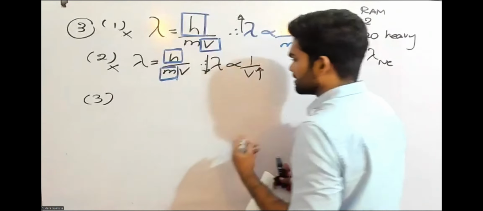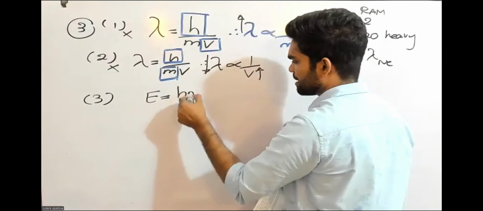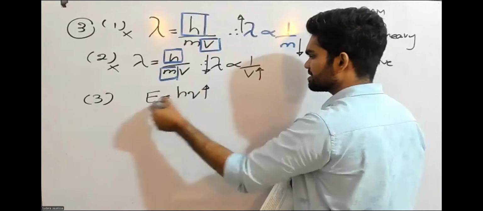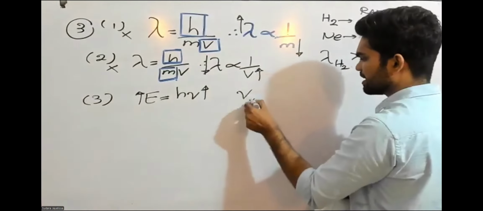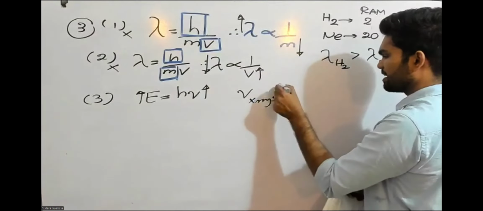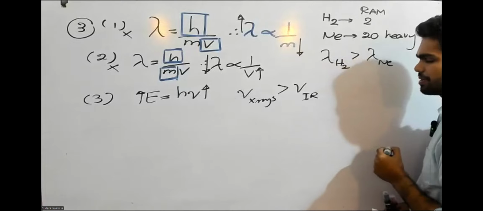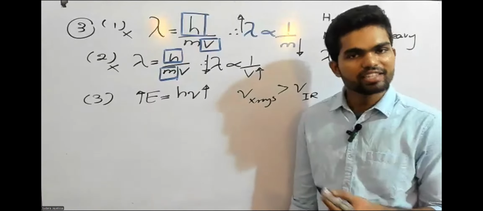So here's the theory. Energy is given by the Planck equation. If it has a higher frequency, it will have a higher energy. The frequency of X-rays is higher than the frequency of infrared radiation. So therefore photons of X-rays should have a higher energy.